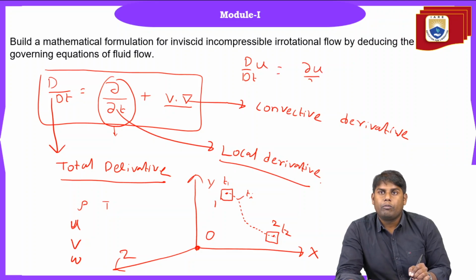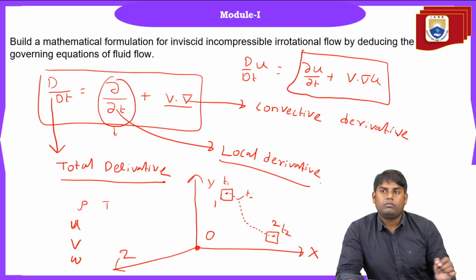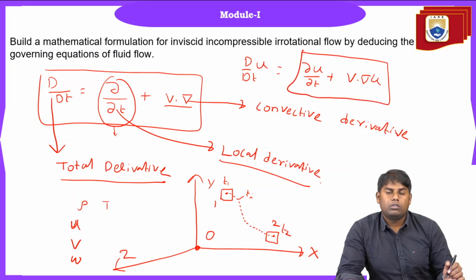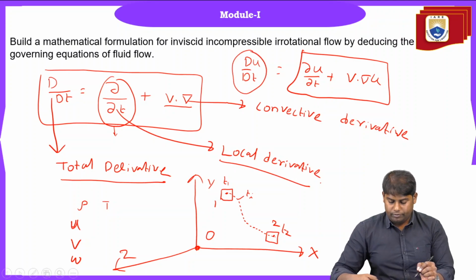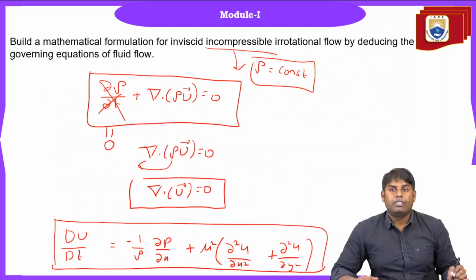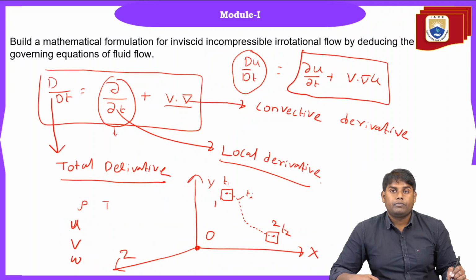That will be dou u by dou t plus v dot del of u. So this is what we have. If we substitute this expression in the previous equation, the total derivative, or the material or substantial derivative, is replaced now. We take this as u.